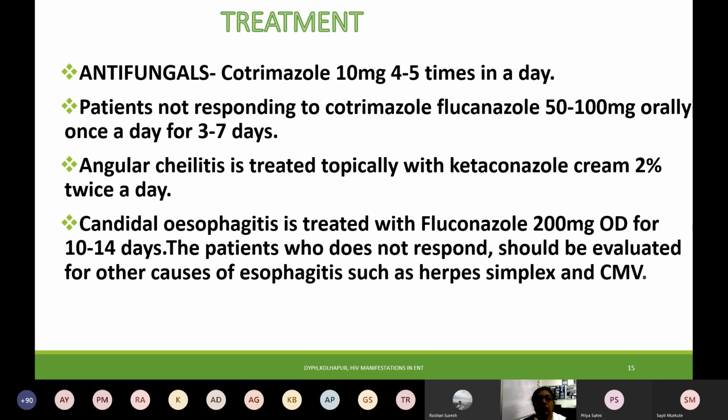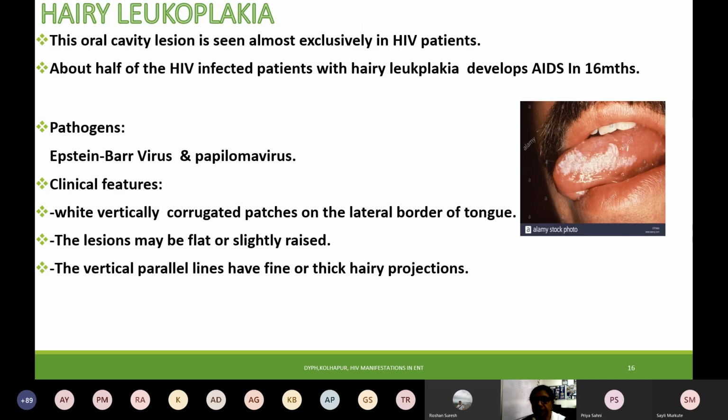Angular cheilitis is treated topically with ketoconazole 2% cream twice a day. Candida esophagitis is treated with fluconazole 200 milligram OD for 10 to 14 days, and patients who do not respond should be evaluated for other causes of esophagitis such as herpes simplex and cytomegalovirus. Many times HIV patients have herpes simplex or cytomegalovirus infection accompanying these.